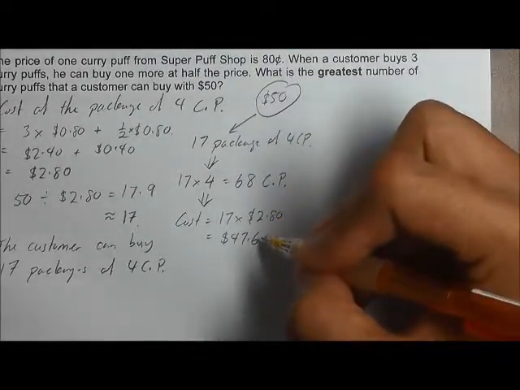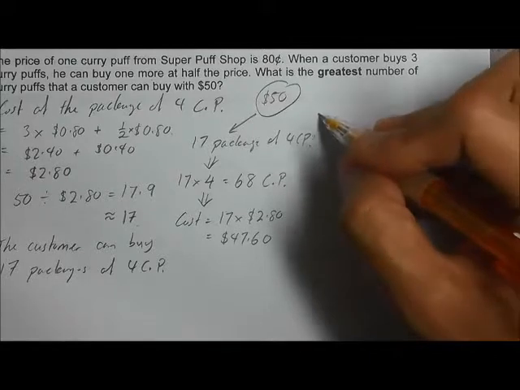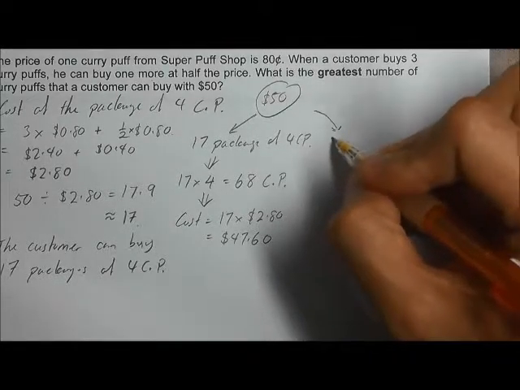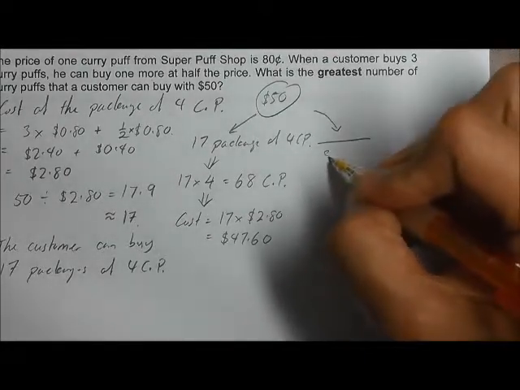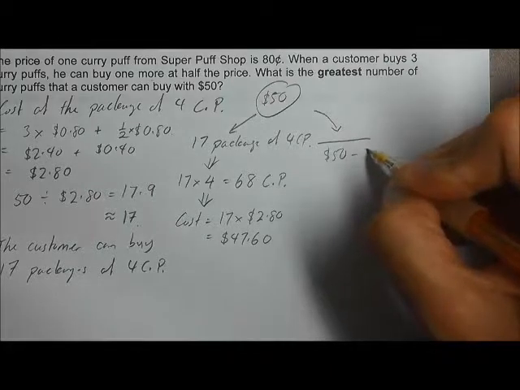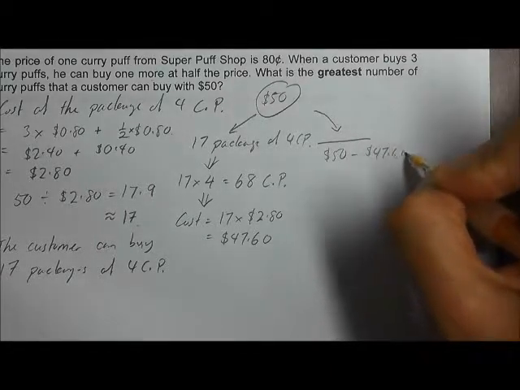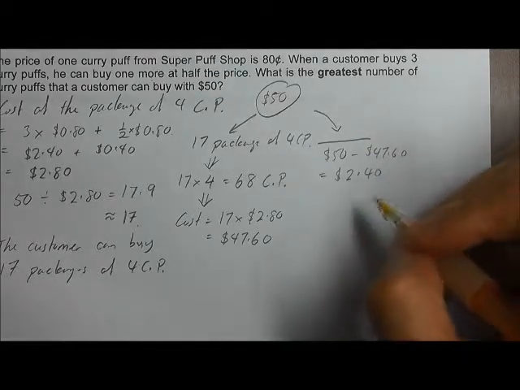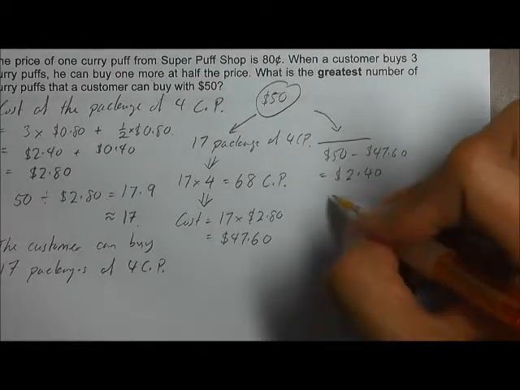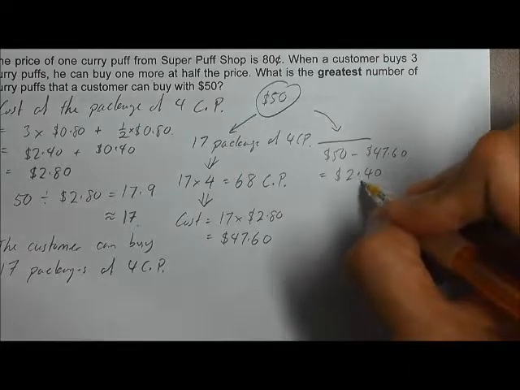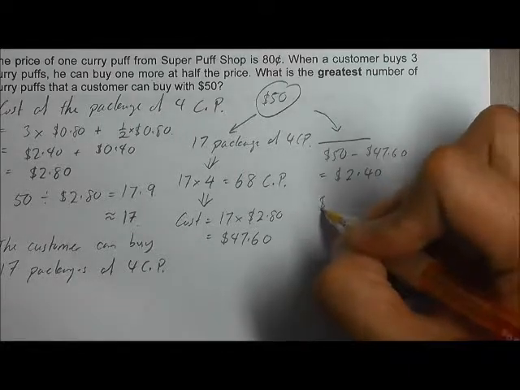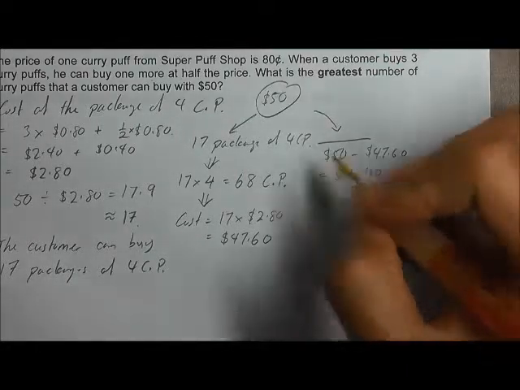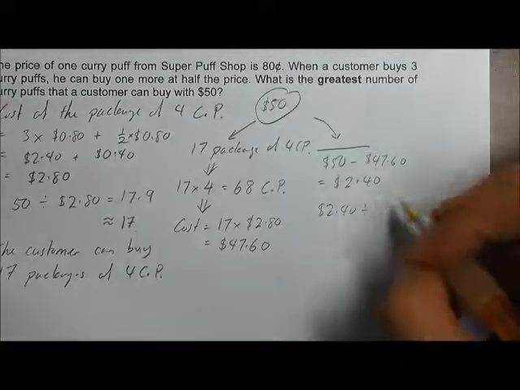Okay, so after spending $47.60, this customer will be left with 50 minus 47.6. That will be $2.40. And with $2.40, the number of curry puffs that he can buy will be 240 divided by the cost of 1 curry puff, 80 cents.